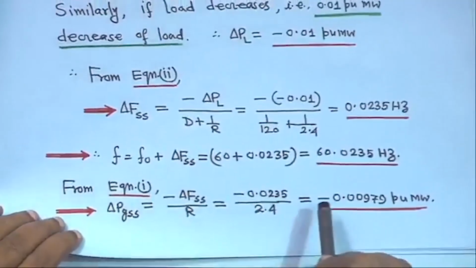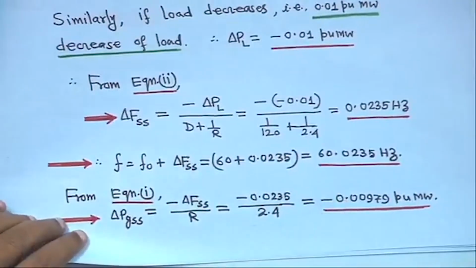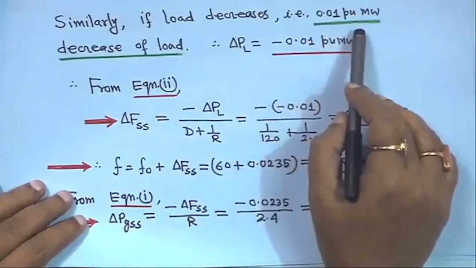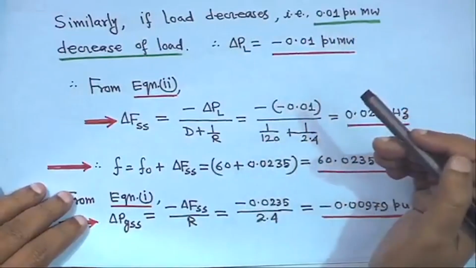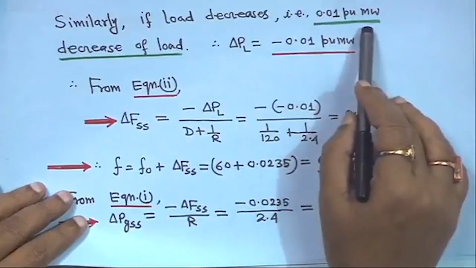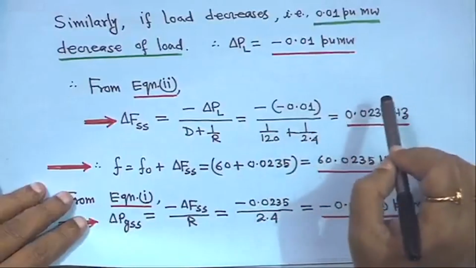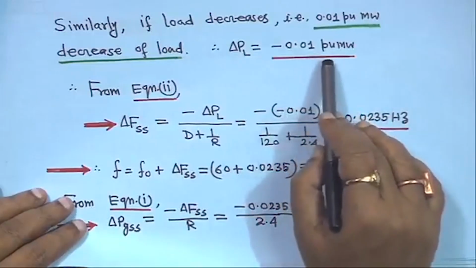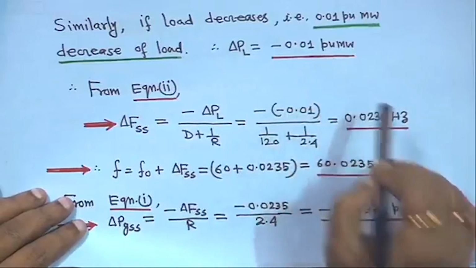Suppose it was operating at, for example, 200 megawatts. Better you say 1 per unit megawatt, and now the load has decreased by 0.01, so it will be 0.99 per unit megawatt.